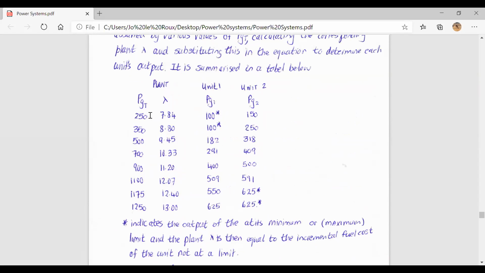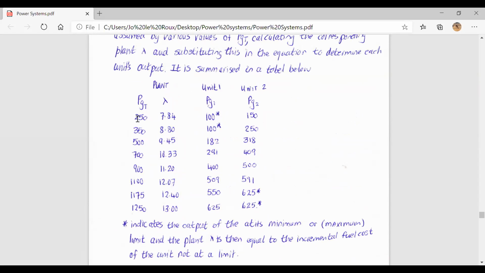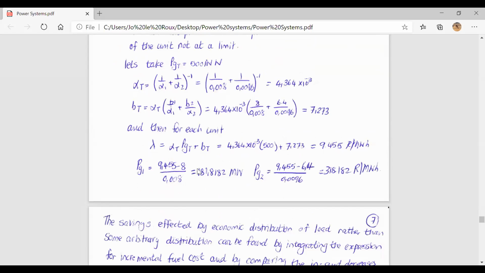Now, because they wanted the load to vary from 250 to 1,250, you're going to calculate lambda for each one, at 100 megawatt, and so on, 350. And then you can see at 500, things start changing. But unit 2 is always supplying more. So basically, that's all I want you to calculate.